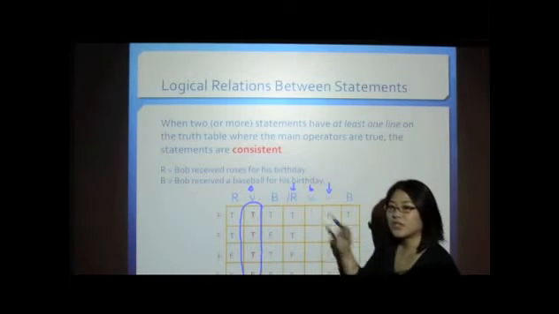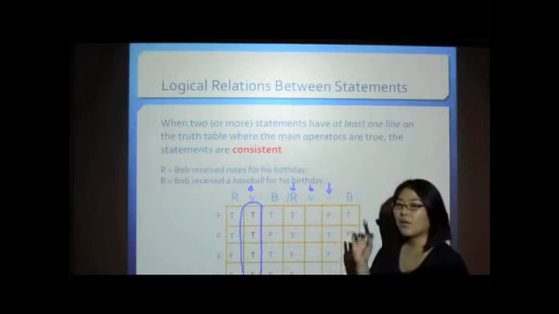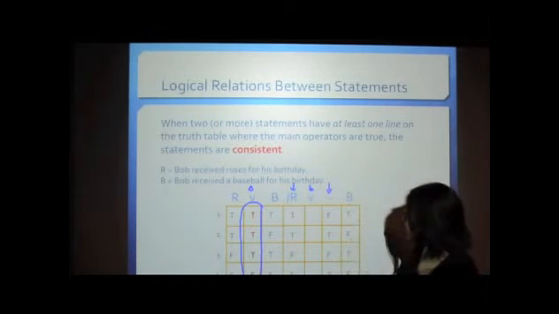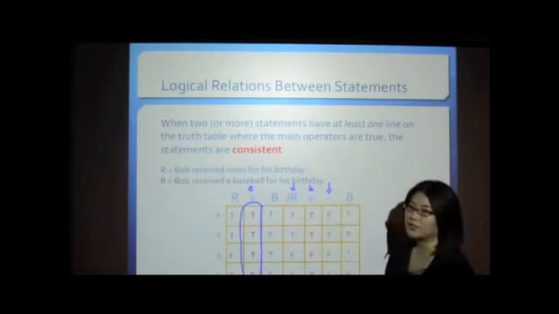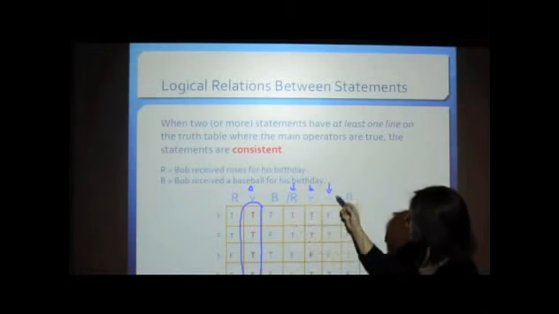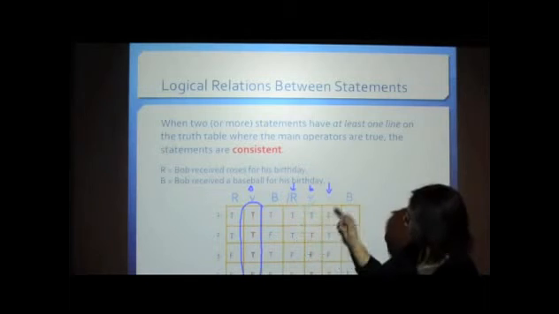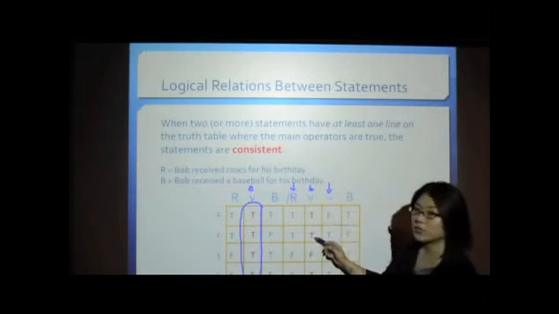The truth function for the wedge is that the only time a disjunction is false is when both of its parts are false. In all other cases, it's true, okay? So using that, we will have the following truth values. When R is true and not B is false, the disjunction will be true. When R is true and not B is true, the disjunction will be true.